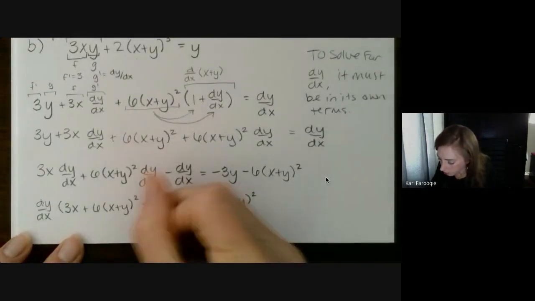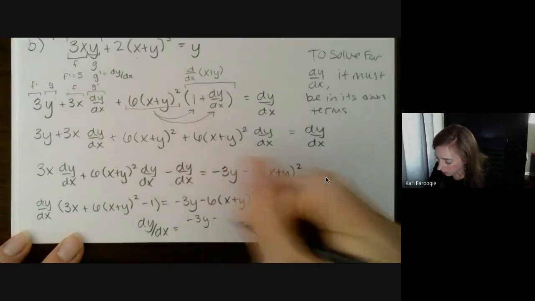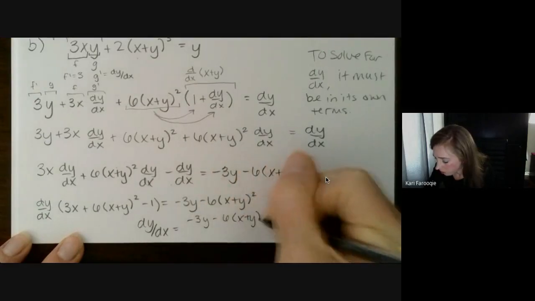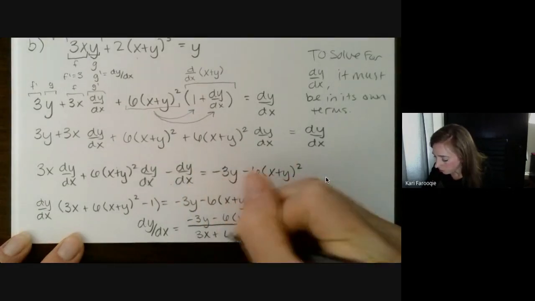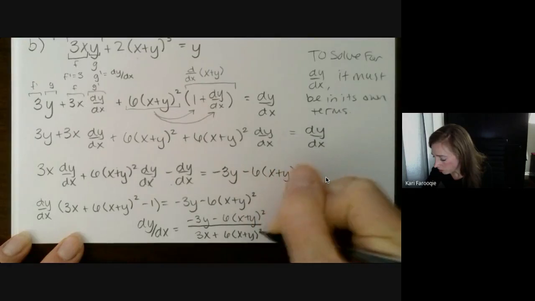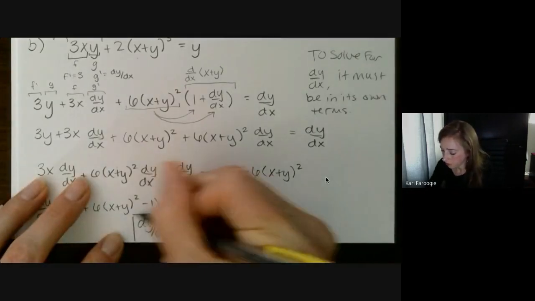So you're going to end up solving for dy dx and getting negative 3y minus 6 times x plus y squared divided by 3x plus 6 times x plus y squared minus 1. And that is your answer.